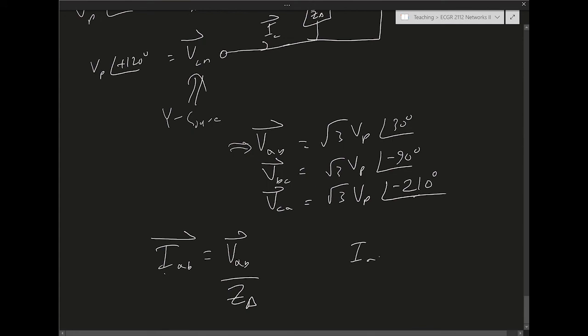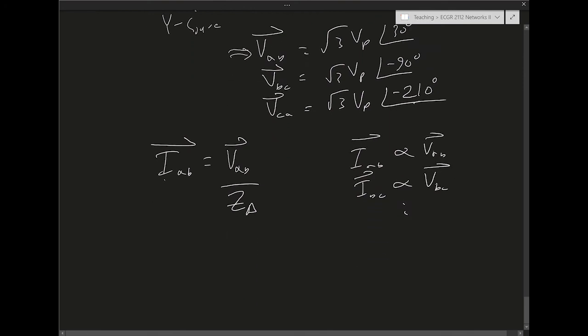And clearly, IAB is proportional to VAB, IBC is proportional to VBC, and so on and so forth. So that tells me that the same relationships that hold between VAB, VBC, and VCA are going to hold for IAB, IBC, and ICA.